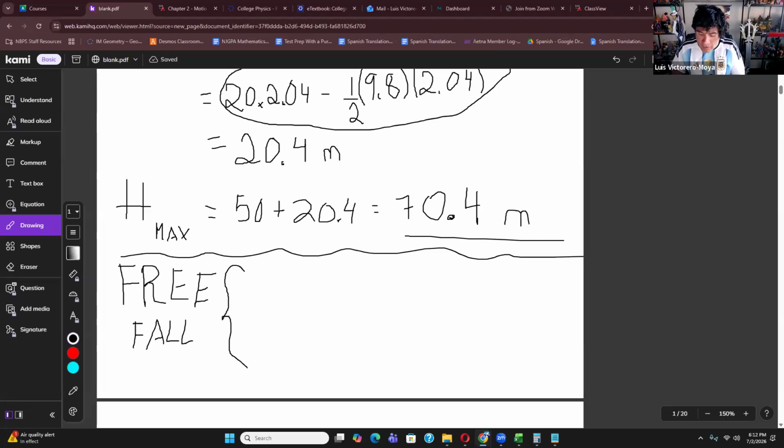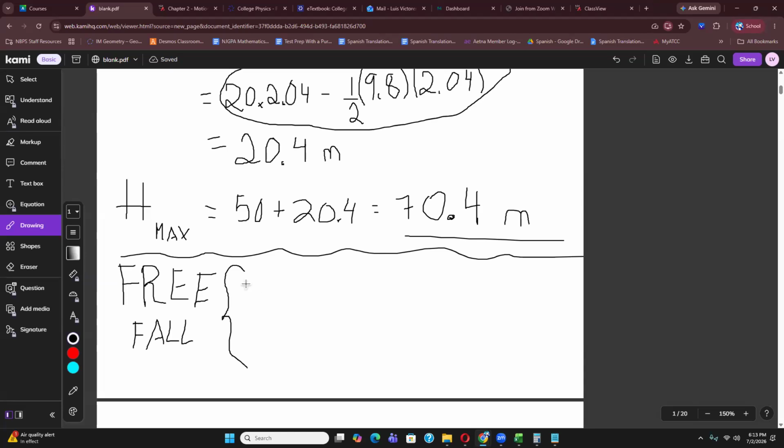So what do you need to find the time the ball took to reach the ground? We would use a position formula, but starting from the total height. So what was it, 50 plus the additional height that it went up, was that 20?